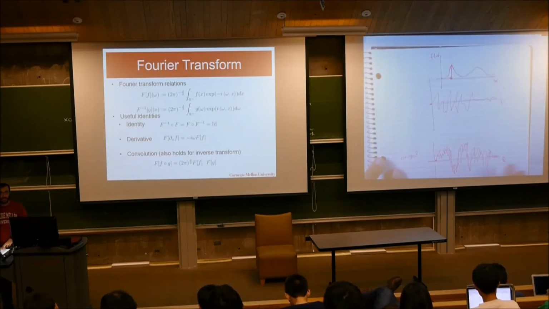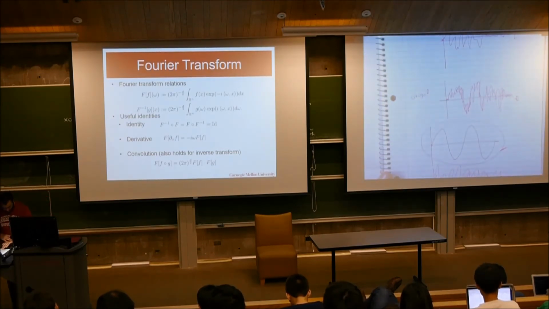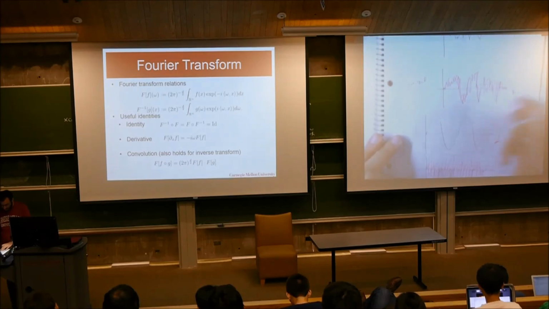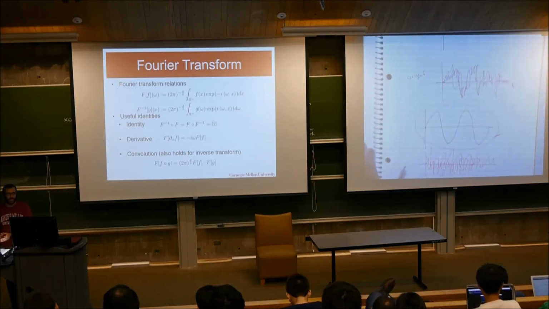For example, if you have two wireless communication channels, one at 2.4 gigahertz and another at, I don't know, maybe 3 gigahertz, then just looking at the time domain will give you a superposition of two signals.